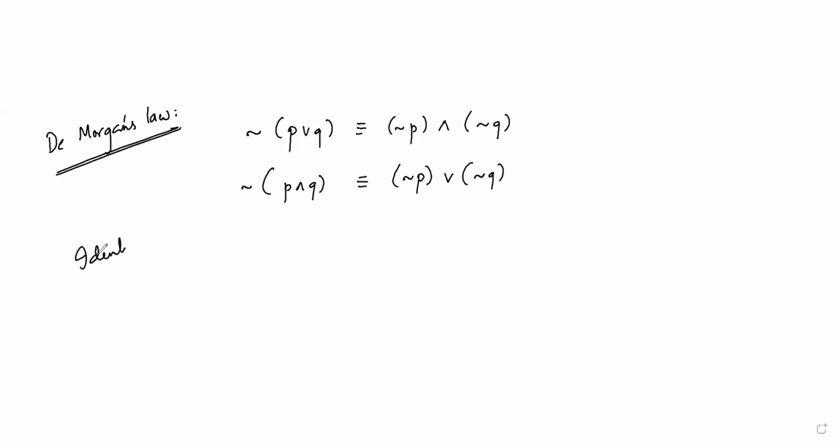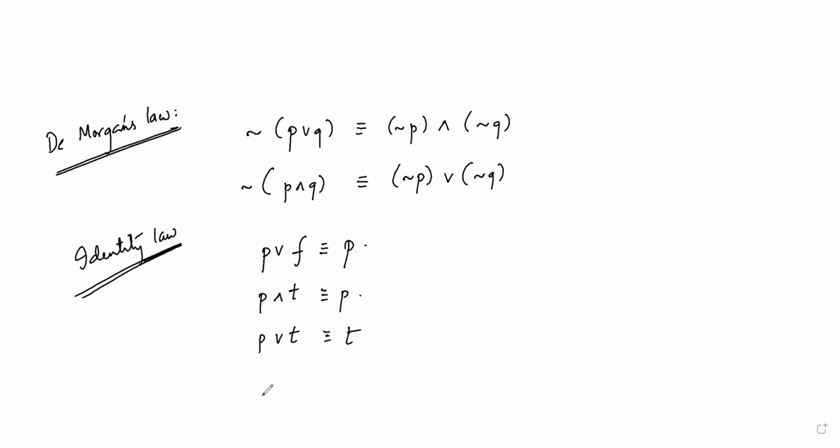Next, identity laws. P or falsity is equivalent to P. P and truth is equivalent to P. P or T is equivalent to T. P and F is equivalent to F. These are identity laws, sir.